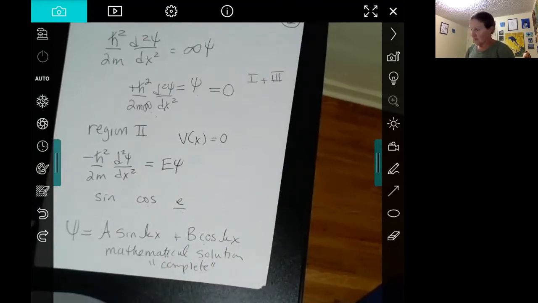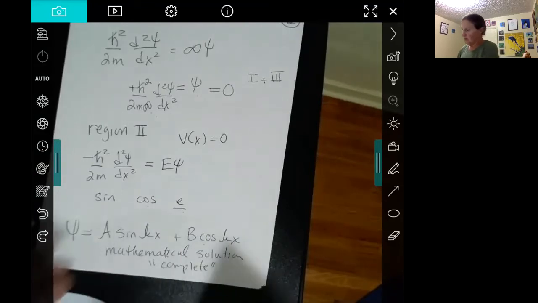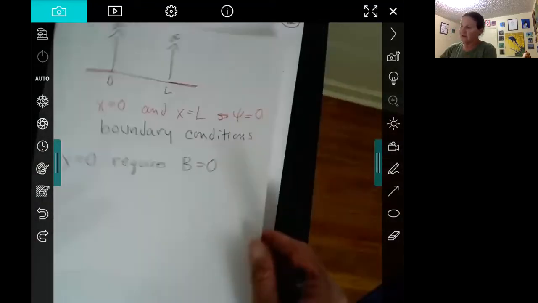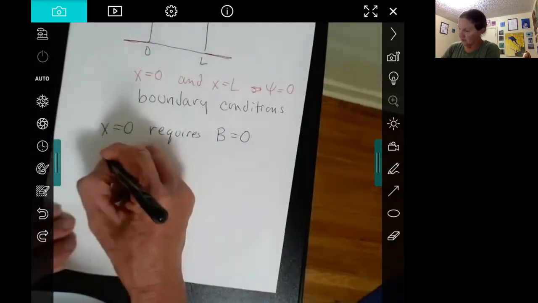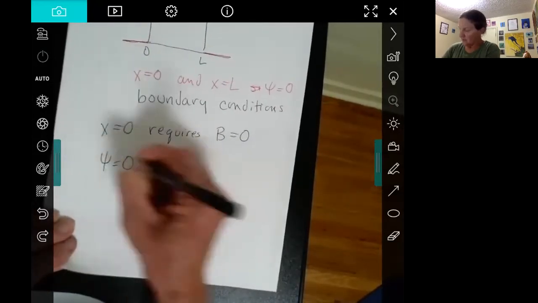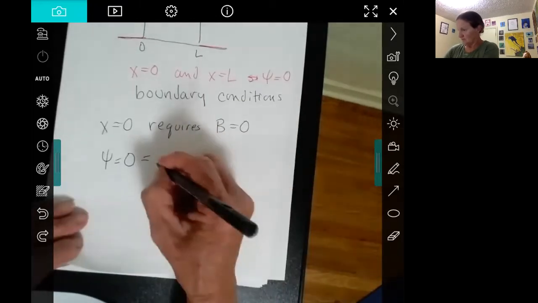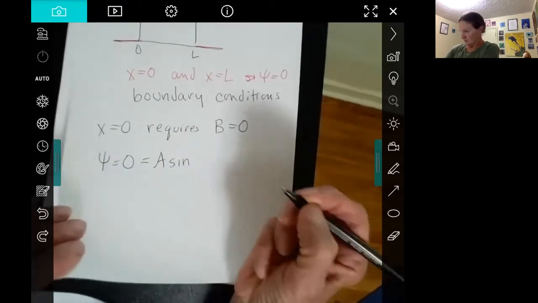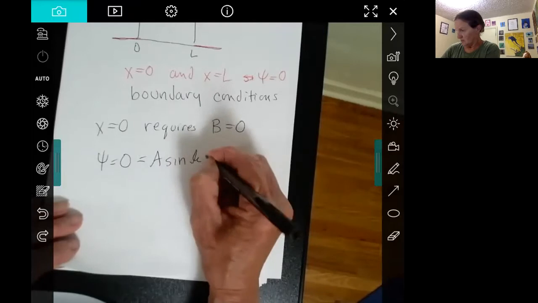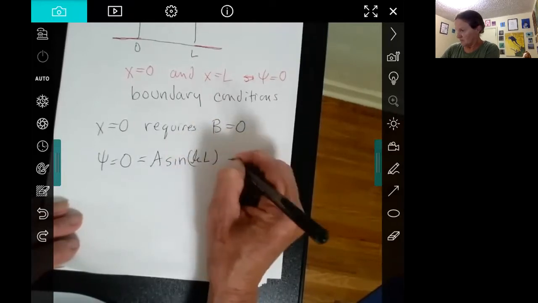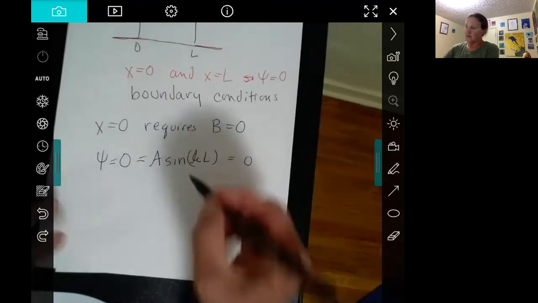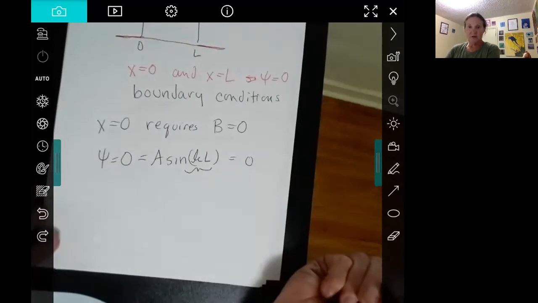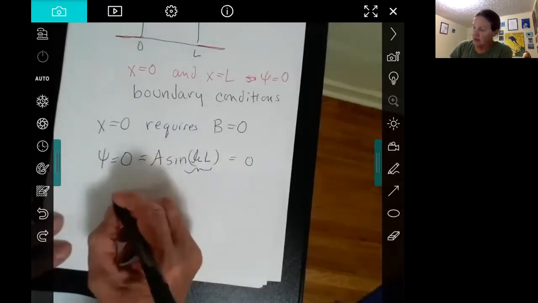But we have the other boundary condition. So we have the boundary condition at x equals L. So now we need to say that sine of kL has to equal 0 when we're at x equals L. And so that puts restrictions on what values k can have.